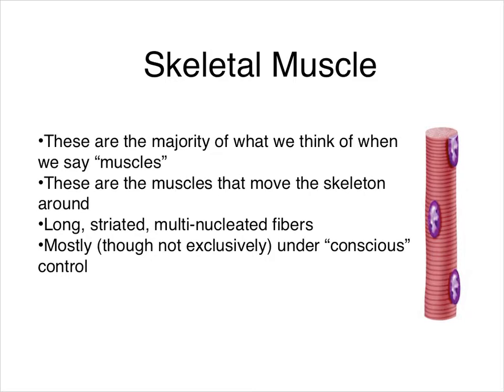We describe these muscles as being voluntary, meaning we say that they are under conscious control. This is really kind of a misnomer. The division between what's conscious and what's unconscious is not entirely a clear distinction. So for instance, the diaphragm, which causes you to breathe, is a skeletal muscle.